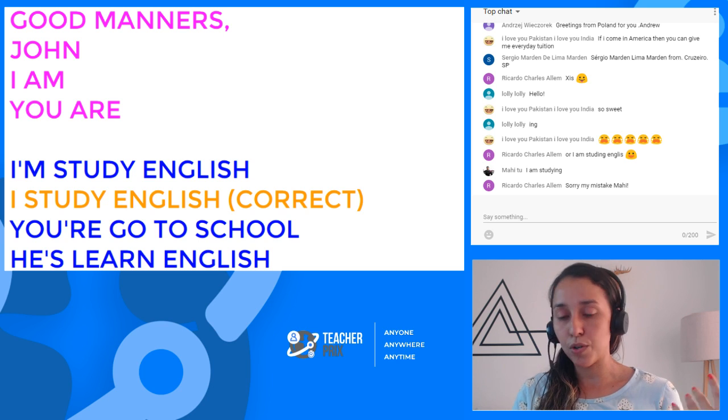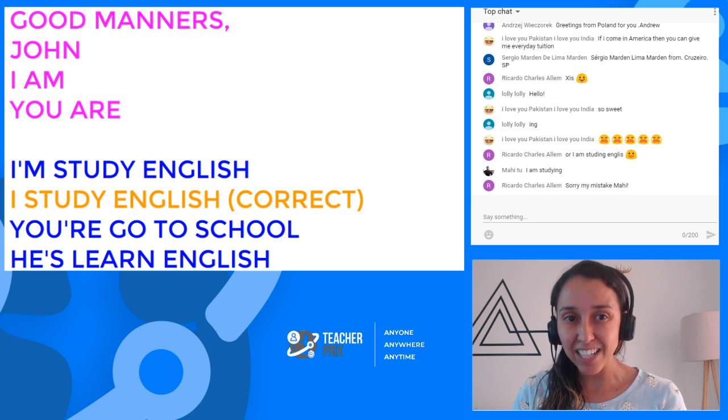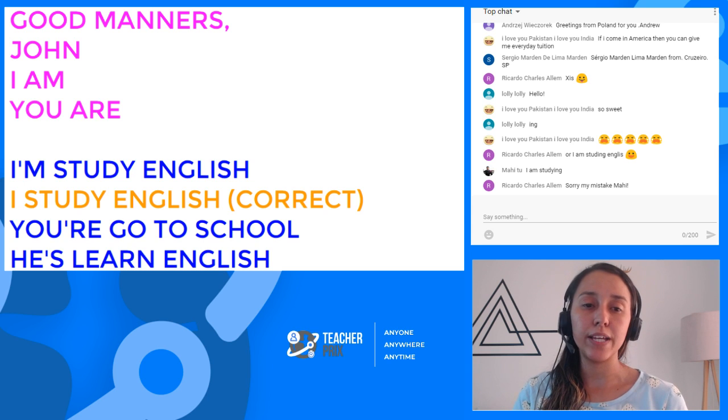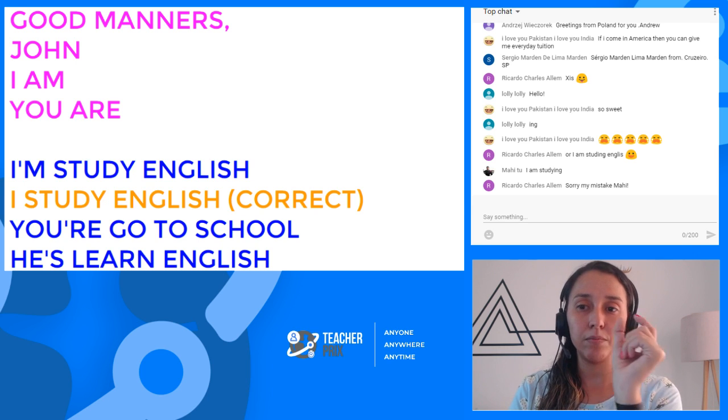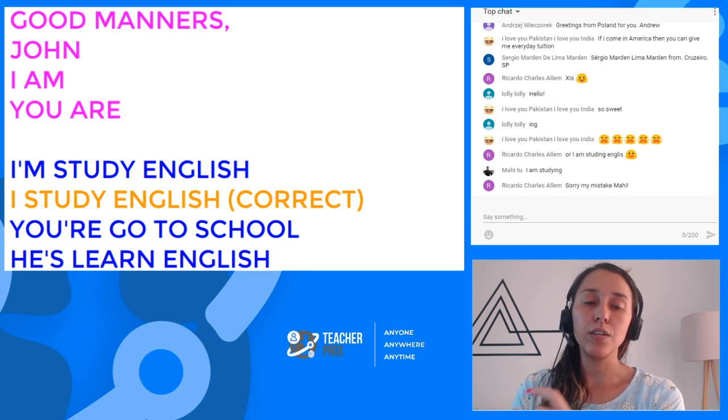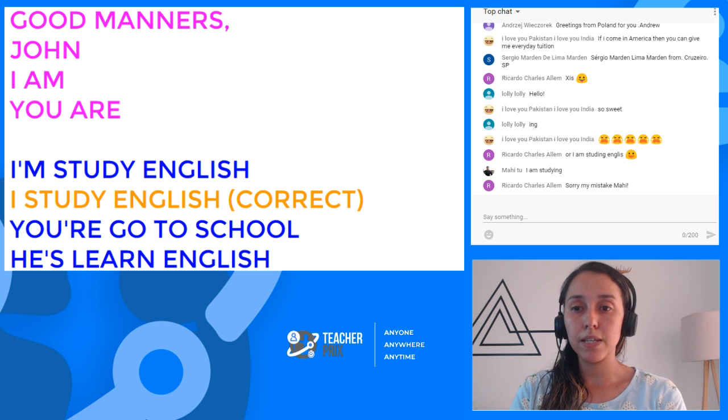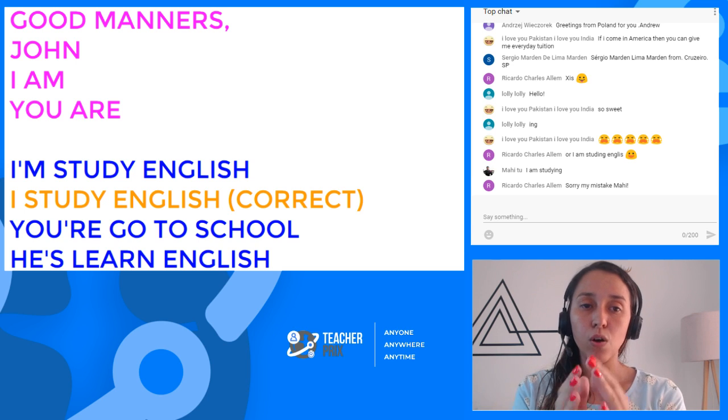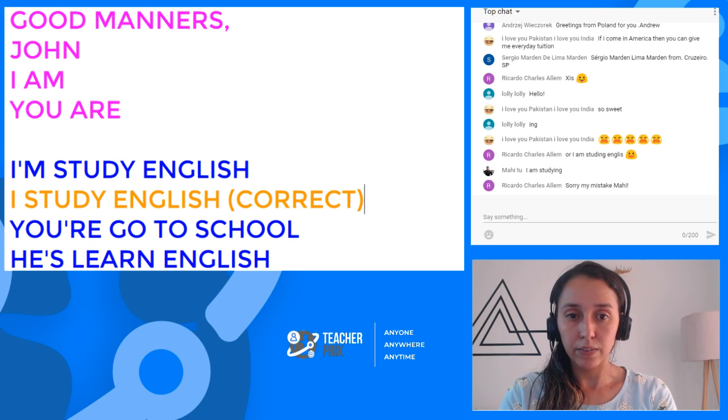And if you don't want to use the word verb, it's okay. Thinking of the action you want to use will help you create your phrase. However, if you have this wrong association of verb to be, I am, you are, he is, then you're always going to have this problem, because you think that it's all one thing and it's not, okay?